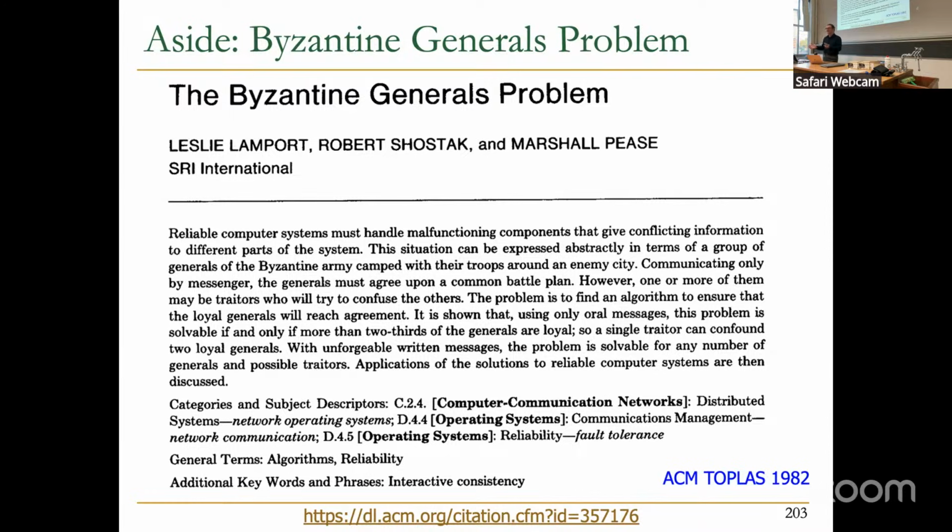Now, forget about the traitor, right? So you have generals and you need messages to be delivered accurately. And the messages, basically, we're going to form an attack, right? We're going to attack the city in the morning at 8 a.m. If 2/3 of the messages are accurate, you're going to attack the city or not attack the city, right? Now, if someone is a traitor, they will change the message, right?